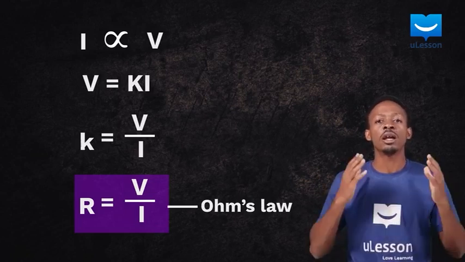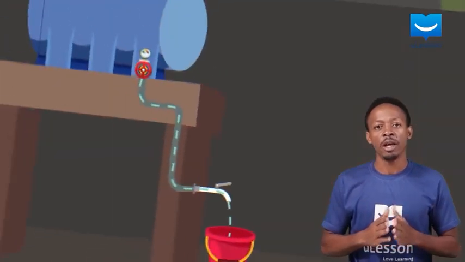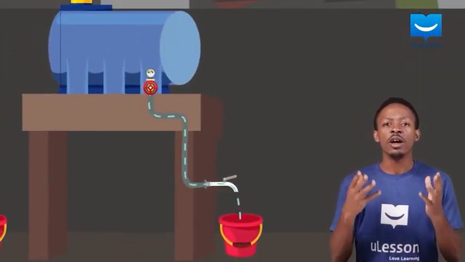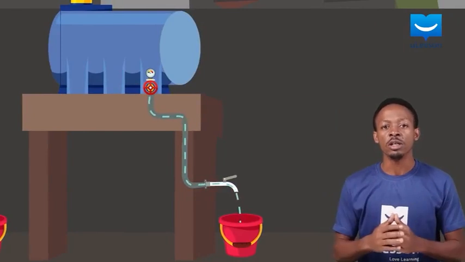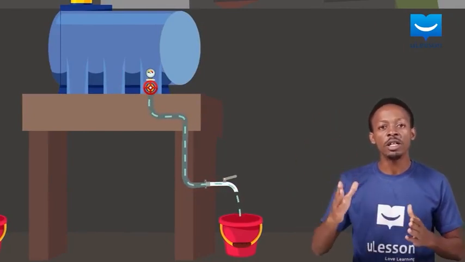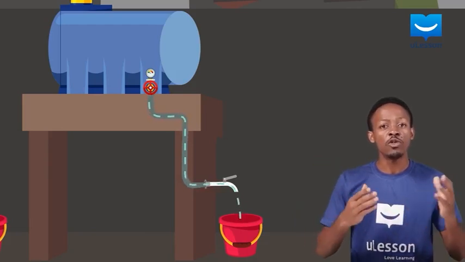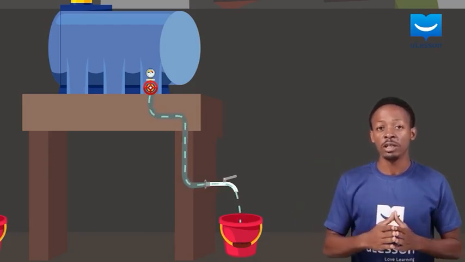How about we use an analogy to help us remember this relationship? Let us picture an overhead tank filled with water with a pipe leading to a tap on the ground. The potential difference V is the difference between potential energy of 2 points on an electric field, right?